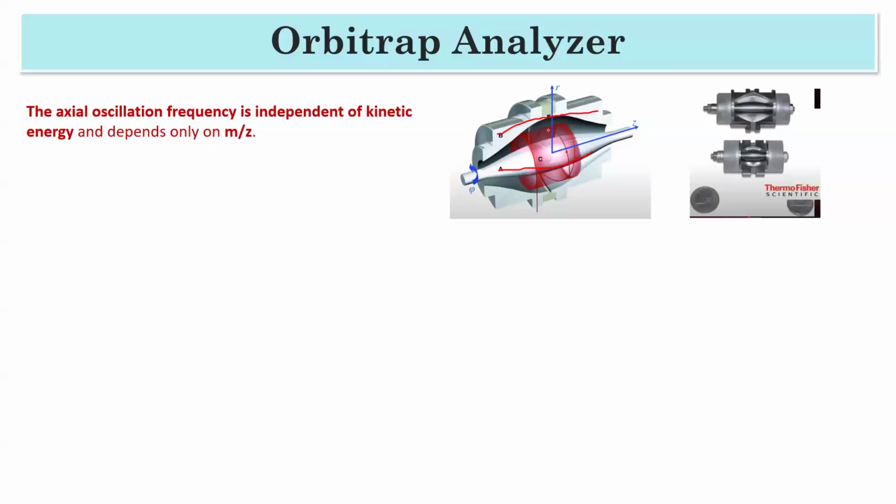In this case also, your molecular ions, suppose M1 plus, M2 plus, are going inside, and they will move inside and rotate with some frequency omega. When they are rotating, we can relate this with mass, and we can know the m by z ratio for that molecule.